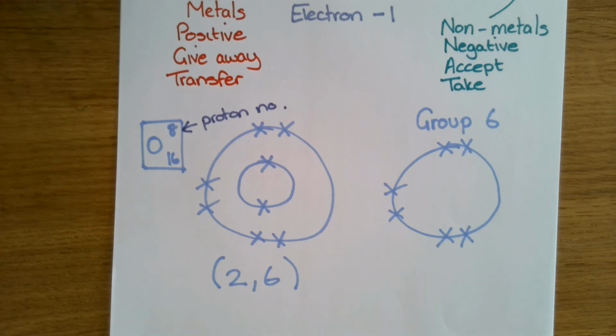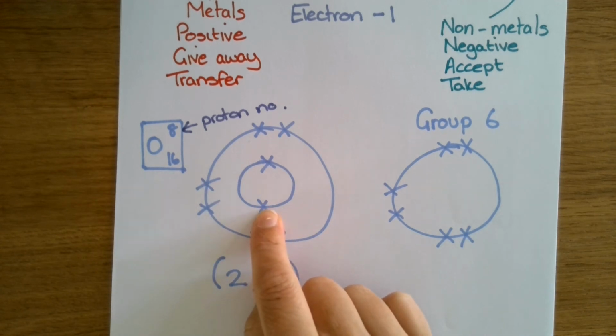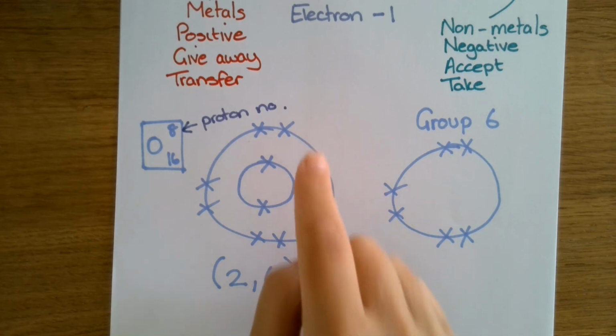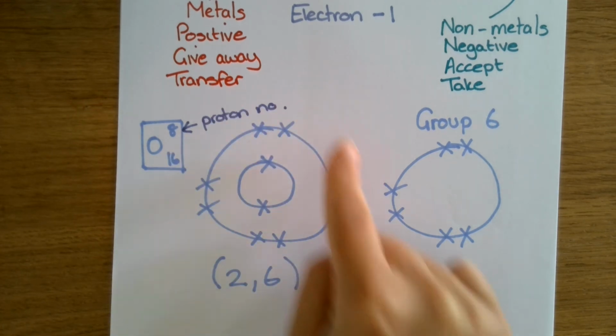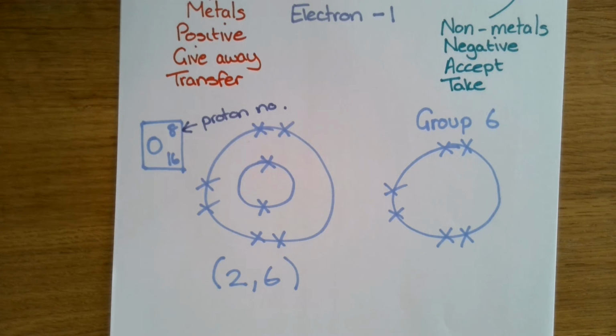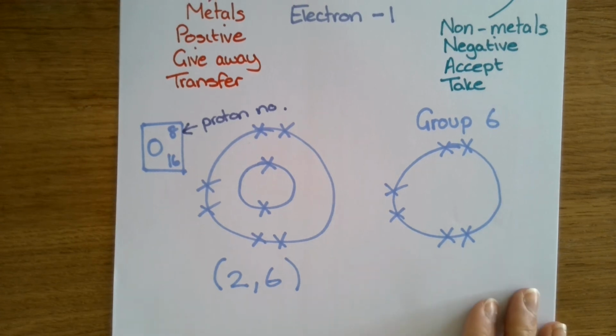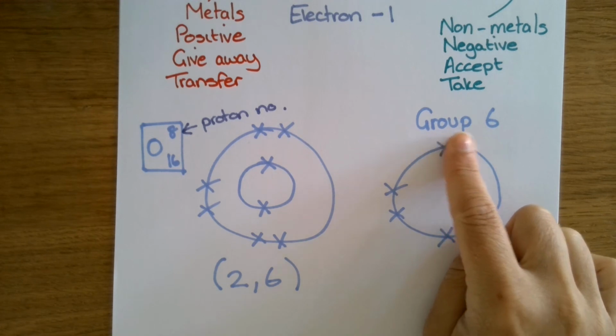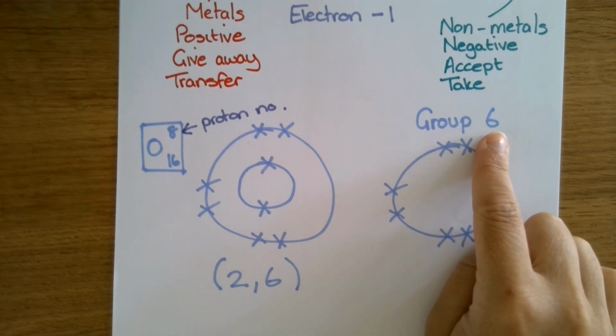So my oxygen here has 8, where it fits 2 on the first shell. And because I've used 2 up, I've got 6 left to put on the outer shell. Now, little bit of a trick here. I know that oxygen is going to have 6 electrons in its outer shell because it's here in group 6.